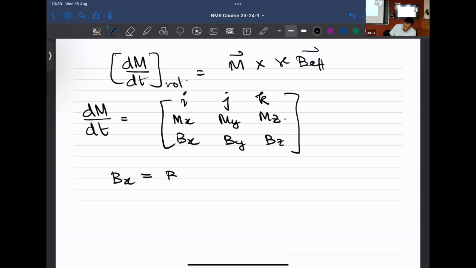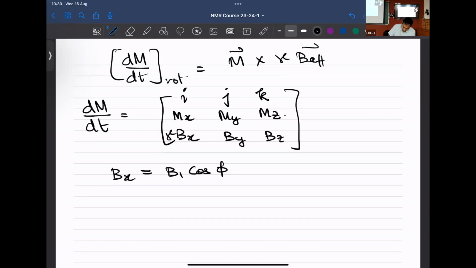So the Bx component is going to be B1 cos phi. I missed something important, huh? Nobody observed it. Yes, that should be a gamma. Of course, you can put the gamma outside this matrix also, but it would make sense to put gamma with B because it becomes omega. Correct? And what is the By component? It's going to be B1 sin phi.